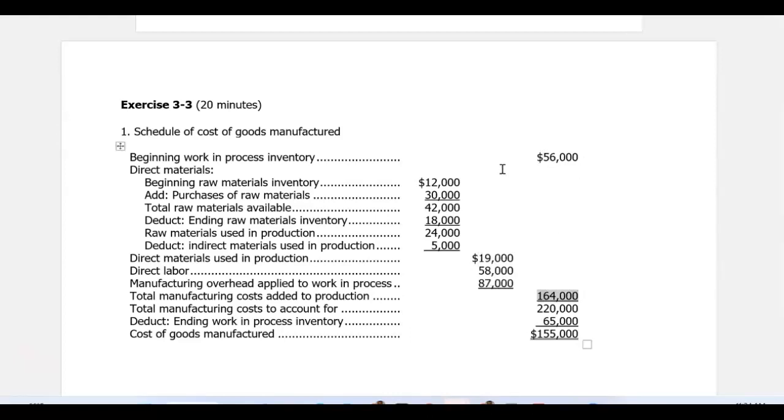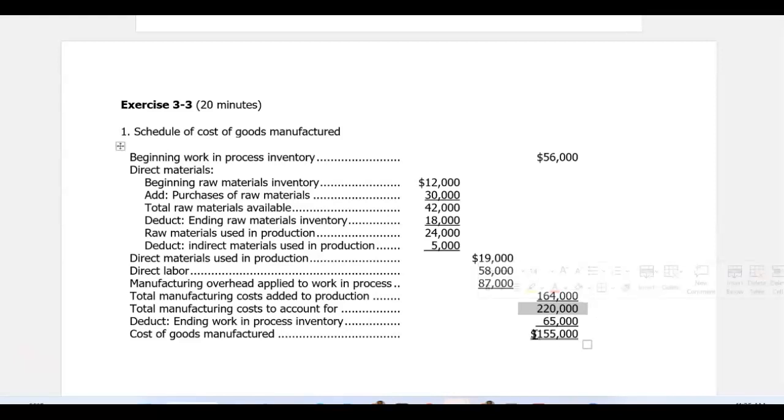So beginning work in process was 56, added to work in process, which is direct labor, direct material, and overhead, is $164,000. So beginning, added, available: 220,000. Total manufacturing cost available, or to account for, is 220,000.